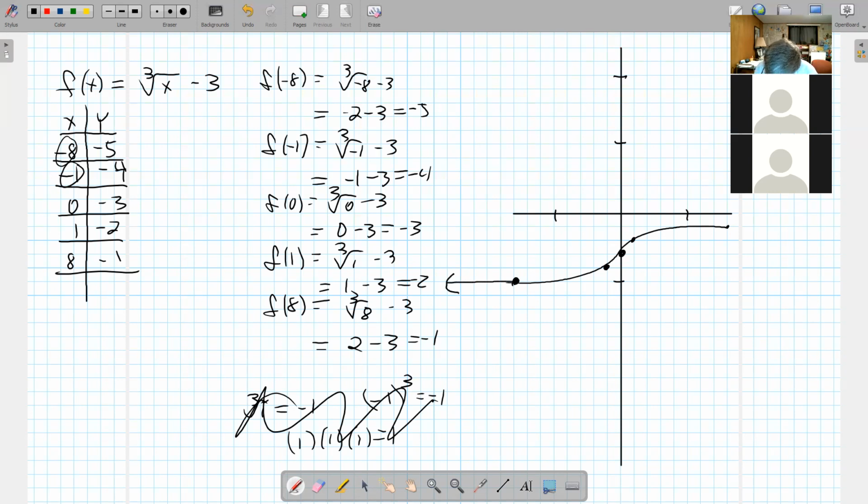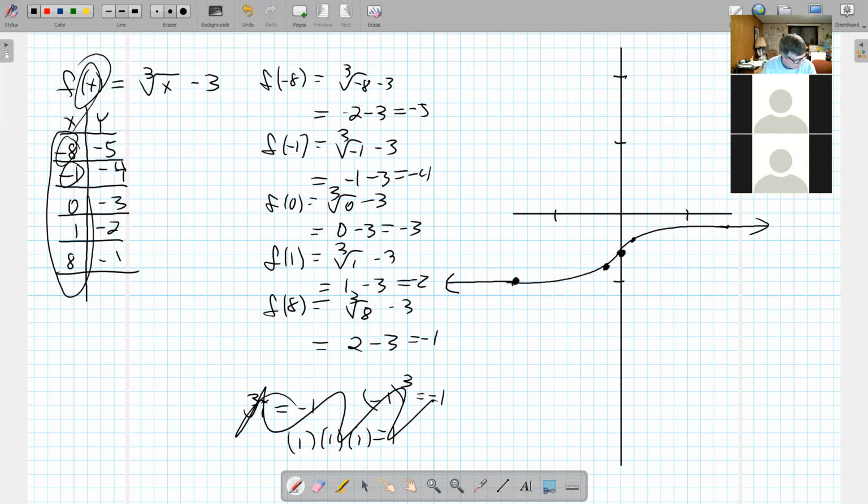Yeah, that's going to head off. So there's the graph of the cube root of x minus 3. Any questions about that? So we just have to use those numbers in order to get that, right? Mm-hmm. They gave us these inputs, so you plug those in here to get their respective outputs, and then graph it using that.